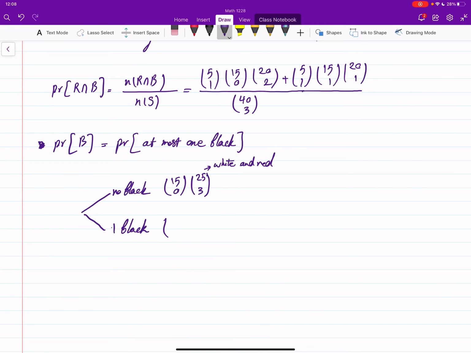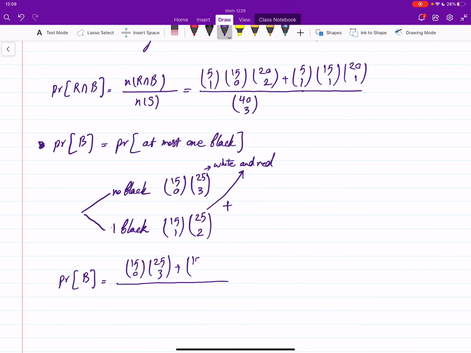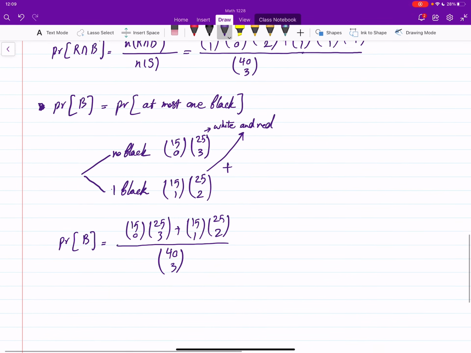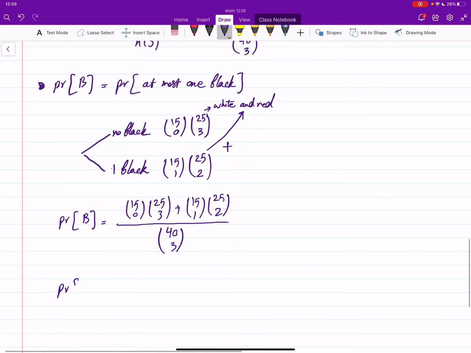When there's one black, exactly one, I choose one from 15, and then the rest, which are two left, will come from the white and red. And then you add these two, and then that will give me the probability of B is 15 choose 0, 25 choose 3, plus 15 choose 1, 25 choose 2, and then divided by 40 choose 3, n of S.